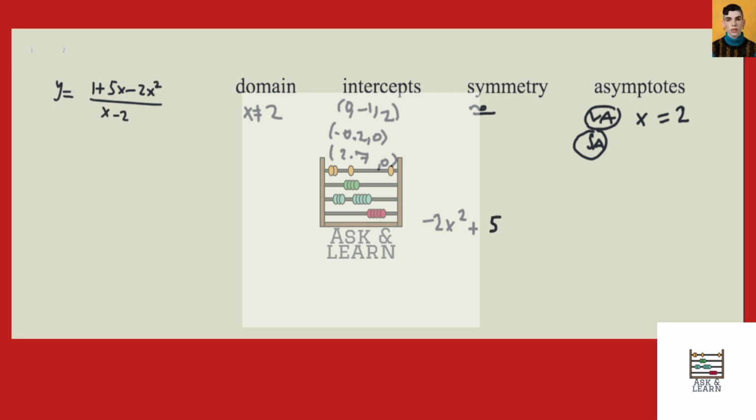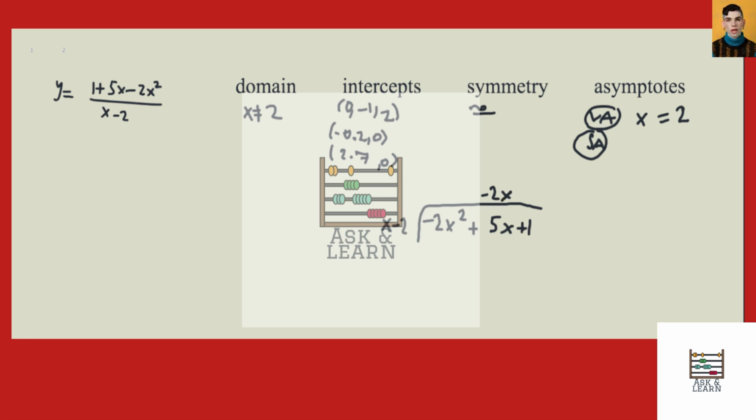So this is my numerator reordered. Okay, that's inside the division sign. And then x minus 2, my denominator, on the outside. So x into negative 2x squared, negative 2x.